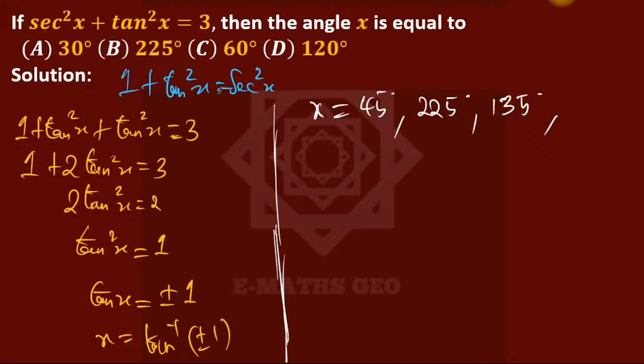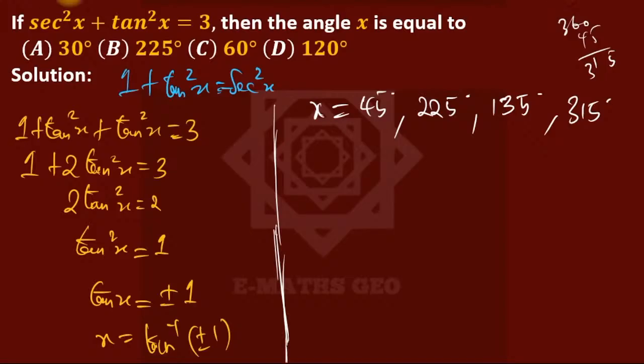And the fourth quadrant, 360 minus 45, we now have 315.